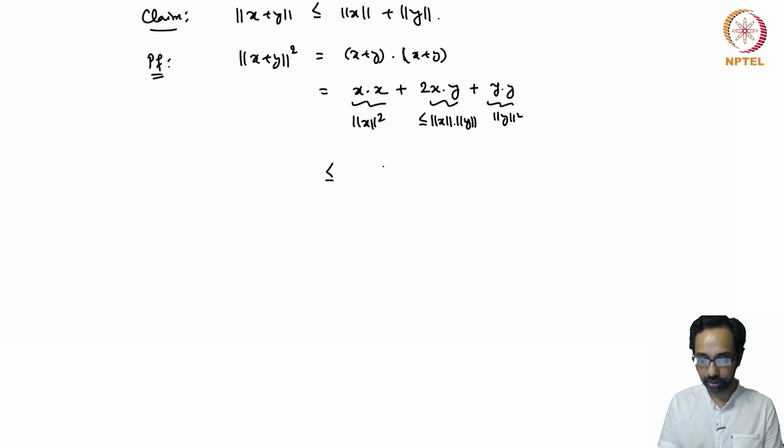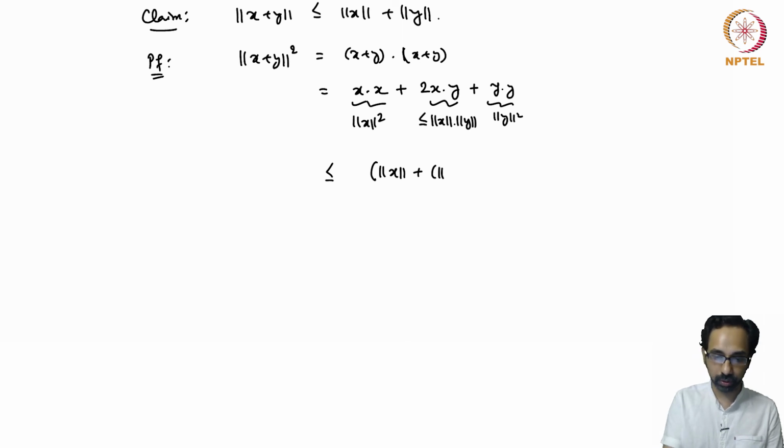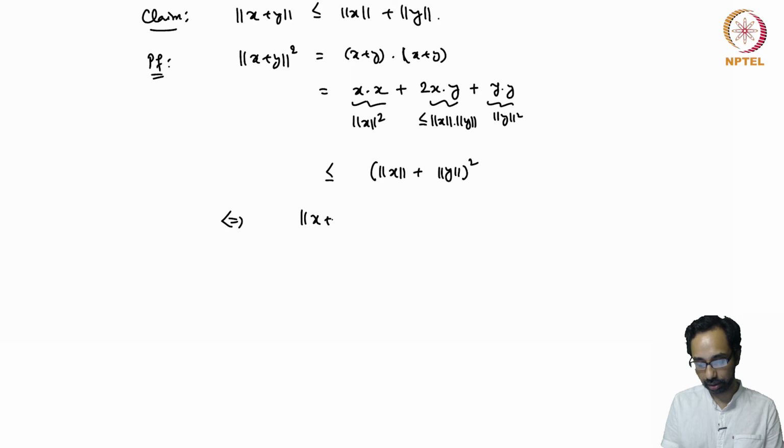So what you get is that this is less than or equal to (norm of x + norm of y) squared, and this is equivalent to saying that norm of x + y is less than or equal to norm of x plus norm of y.